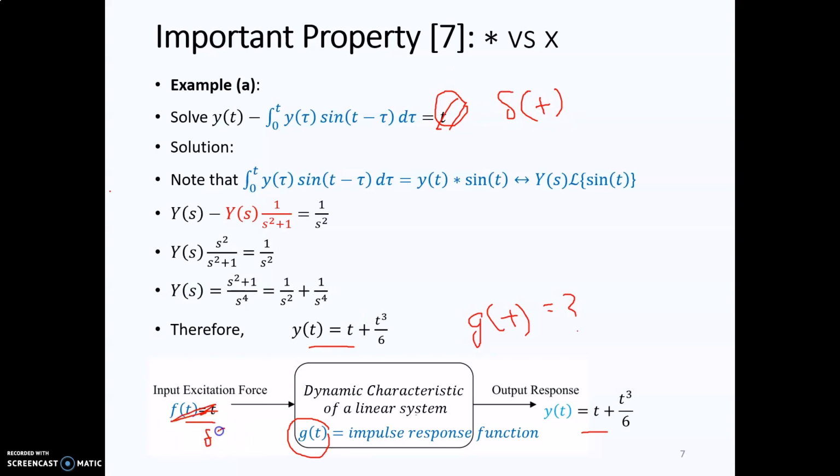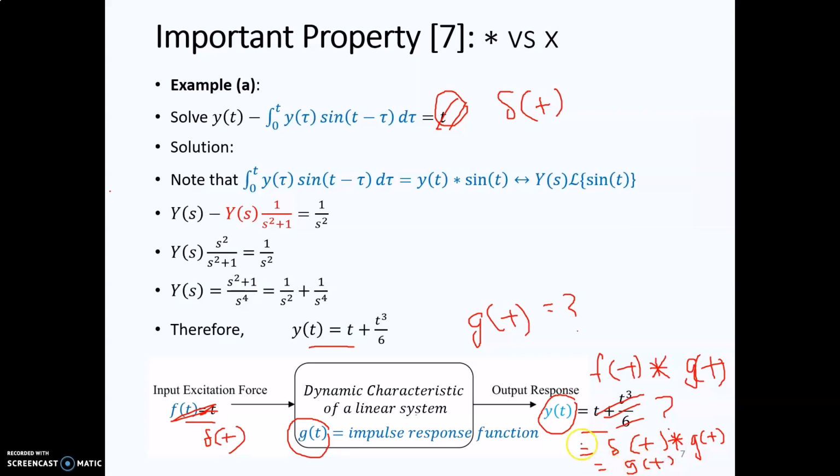Once you let f(t) equal the delta function and get the response from it, this response will be equal to your g(t), because your response is equal to your f(t) convolved with your g(t), and since your f(t) is delta(t), any function convolved with delta(t) will return the g(t) function. Therefore, your response y(t) will be equal to g(t) here.